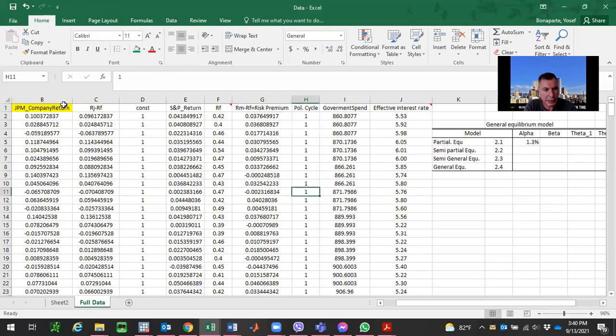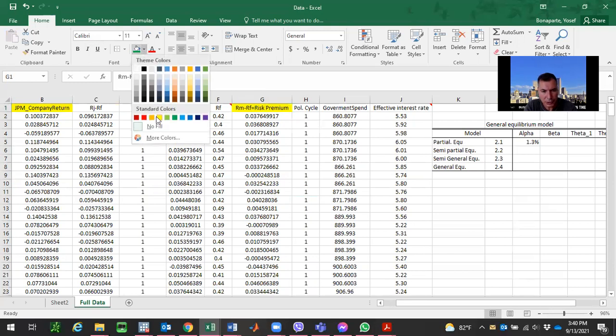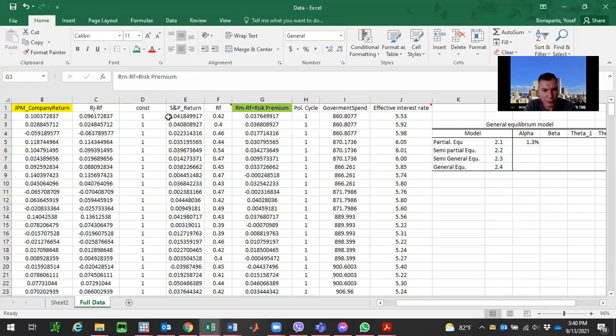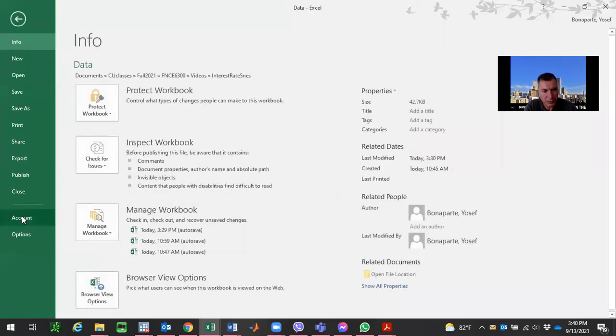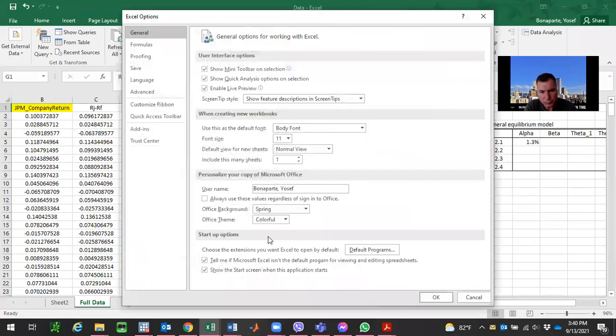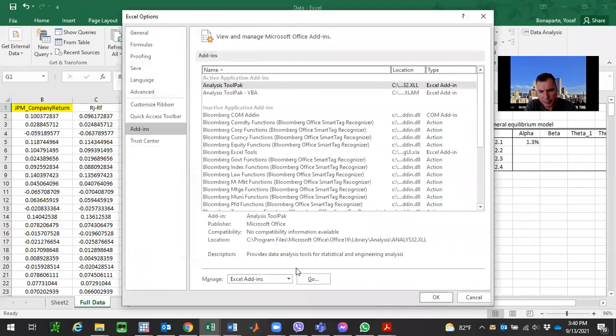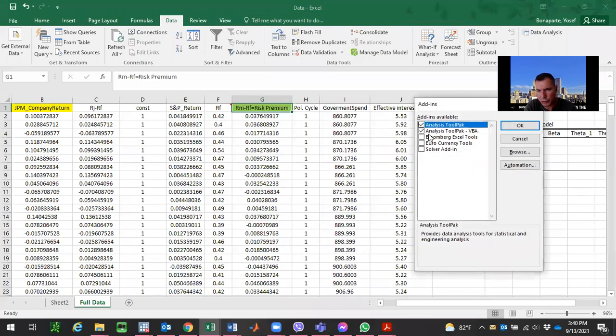And we're going to do it again here. We need to regress this one and this one. So we go again to Data. As I said, you go to File, Options, Add-ins, Go, and you click these toolbars.